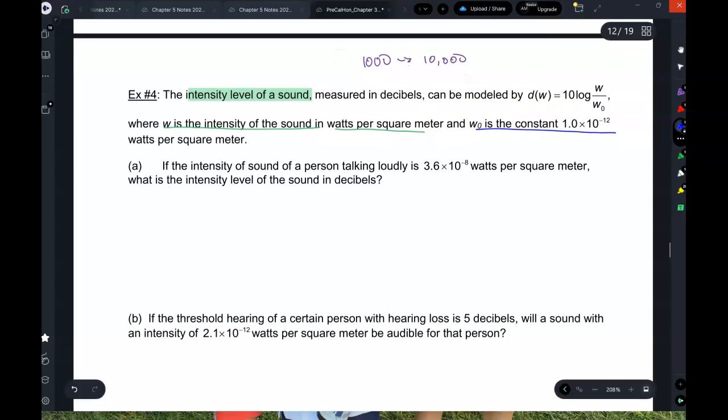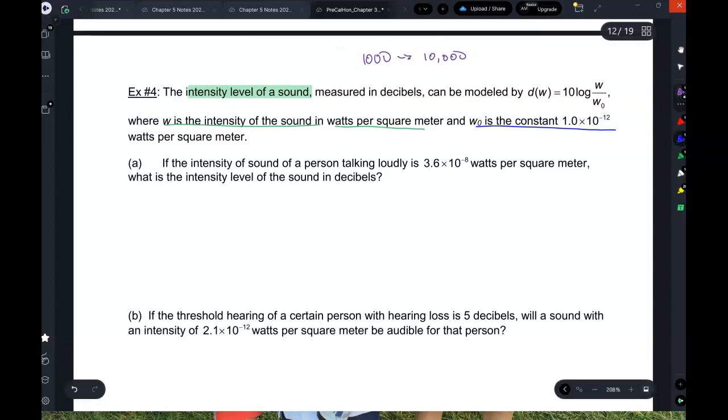So if the intensity of sound W of a person talking loudly is this many watts per square meter, what is the intensity level of the sound in decibels? So if W is this, what is the intensity level D of W? Okay, and the reason why I like this question is not because of the math involved in there.